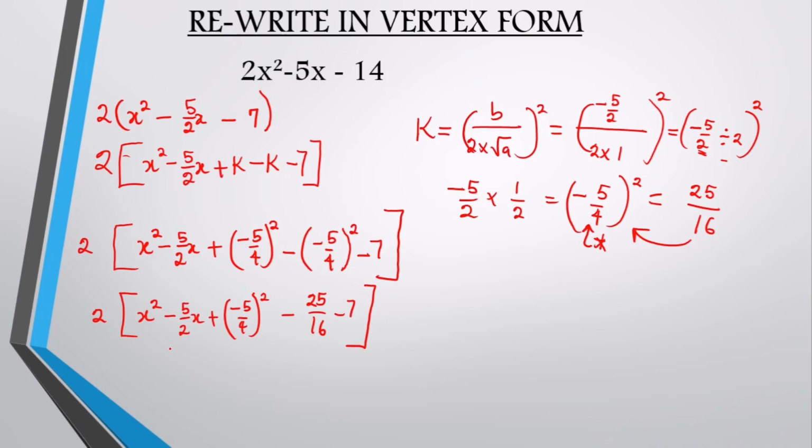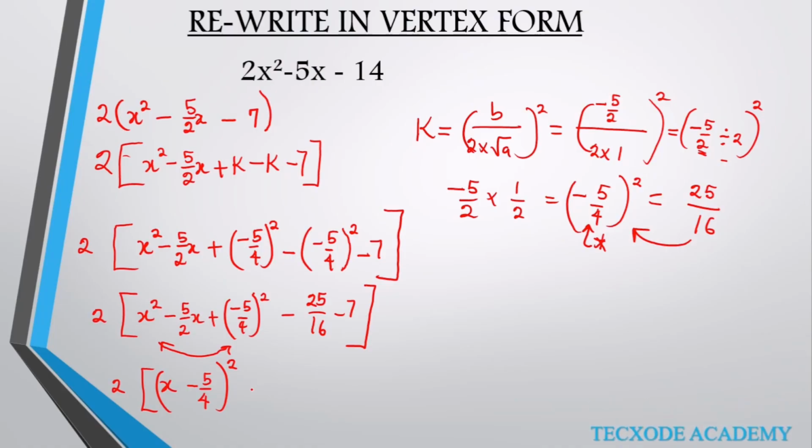Now at this point here, I should write this in perfect square, which is still 2 into, I'll find the square root of the first one, x, find the square root of this last one, which will be minus 5 over 4. Now that would be in another bracket, squared.